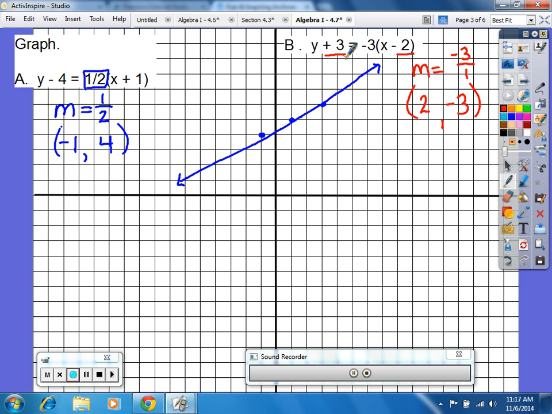So this is a line that goes through the point 2, -3, and from that point we'll go down 3 and over 1. Down 3 and over 1. Let's see how I can do on this sketch. Yeah, not too bad on that one.